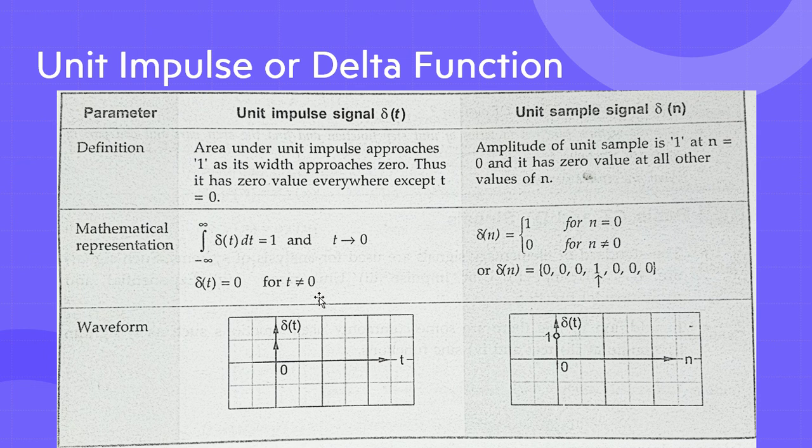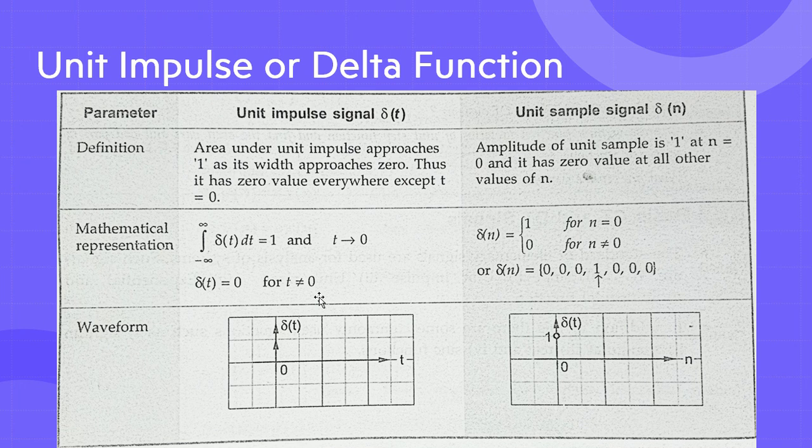But that will not be the case here. Let's call it the unit sample signal δ[n] and the unit impulse signal δ(t). It will save us a lot of time. So δ[n] is not a sampled version of δ(t).